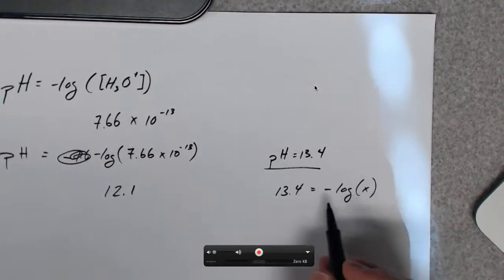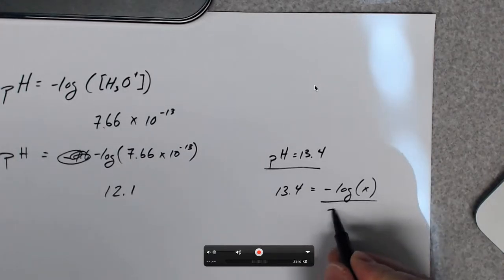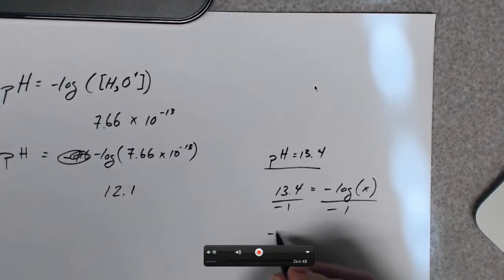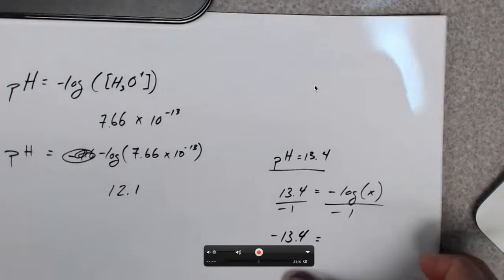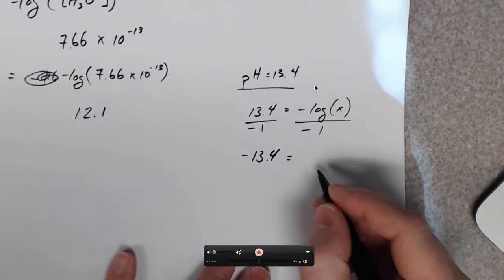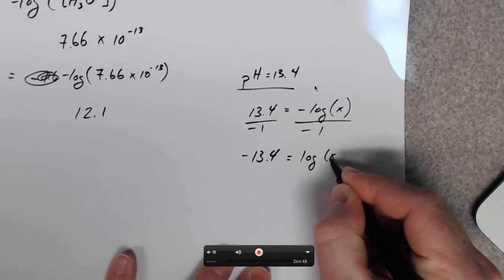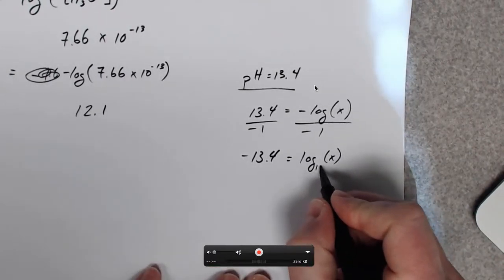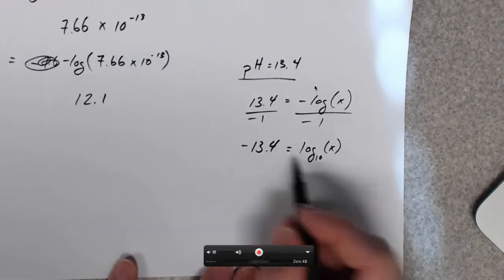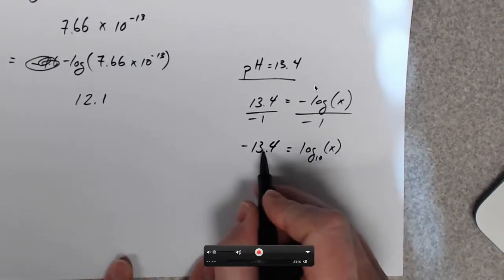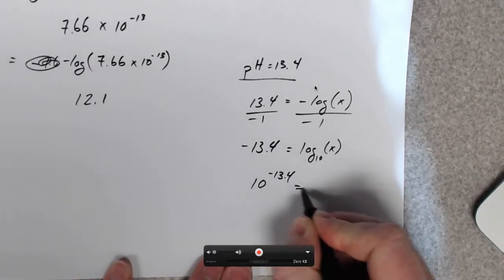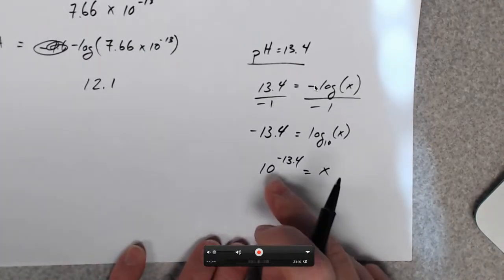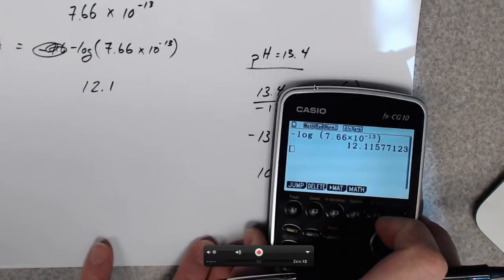So to solve this, I'm going to get rid of the negative by dividing both sides by negative 1. And remember what this is. This is log base 10. There's nothing there. And we can just rewrite this: 10 to this power equals that. So I'm just going to rewrite it without the logarithm. Now this is 10 to the negative 13.4 power.